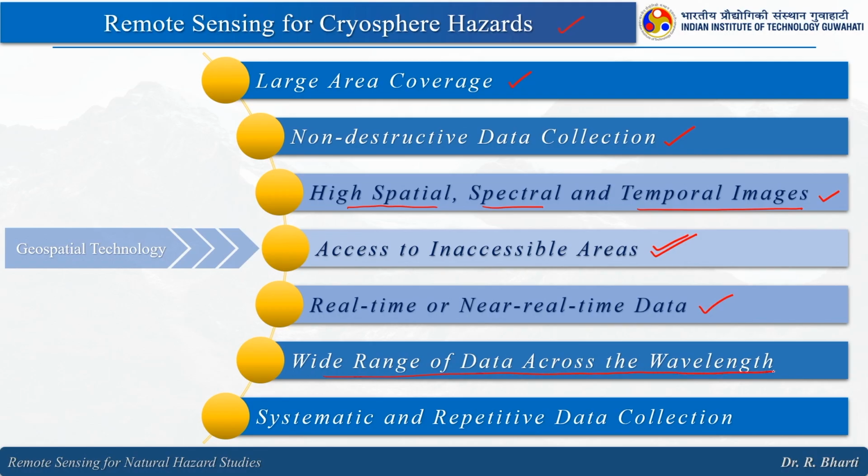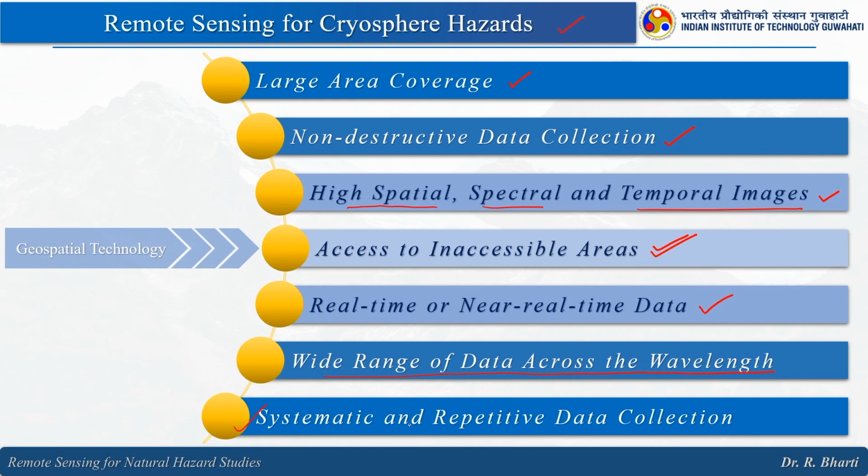These data sets can be referred to study temporal changes in the glacial lake boundaries. There is a wide range of data across the wavelength, because you know that higher altitudes have cloud cover, so optical data sets are not useful. Then we move towards the microwave remote sensing domain, and that can be utilized here.